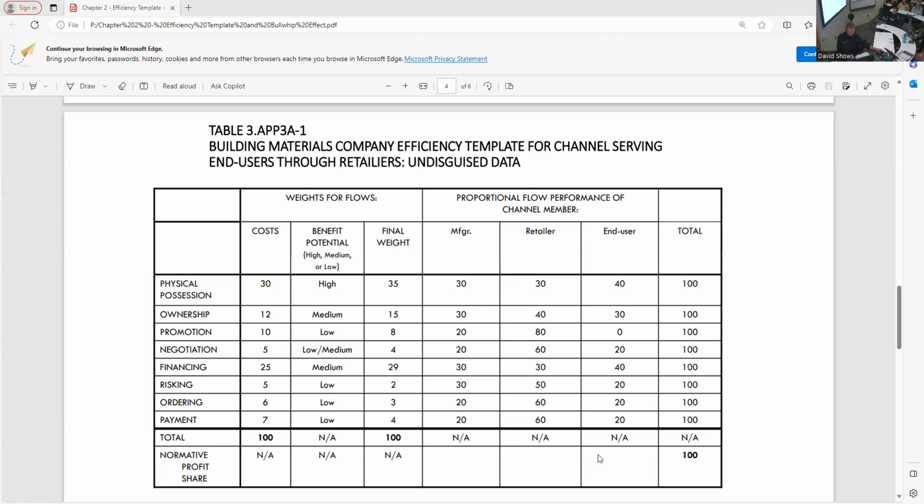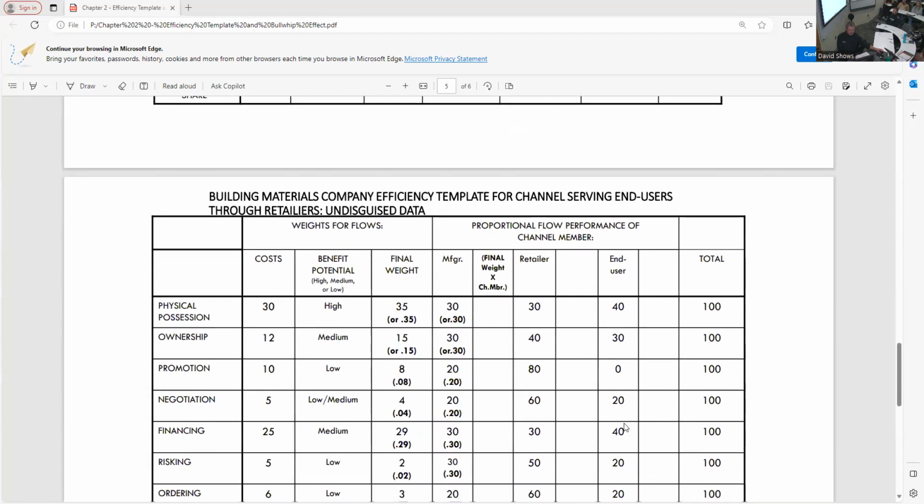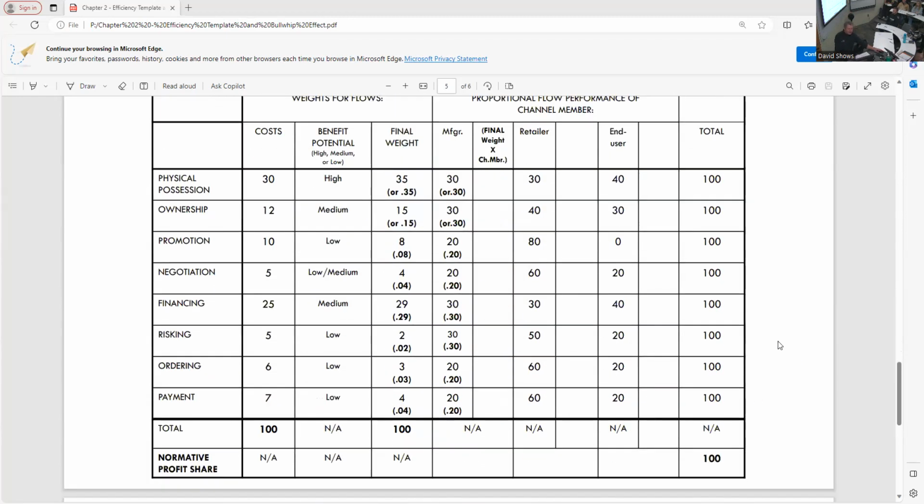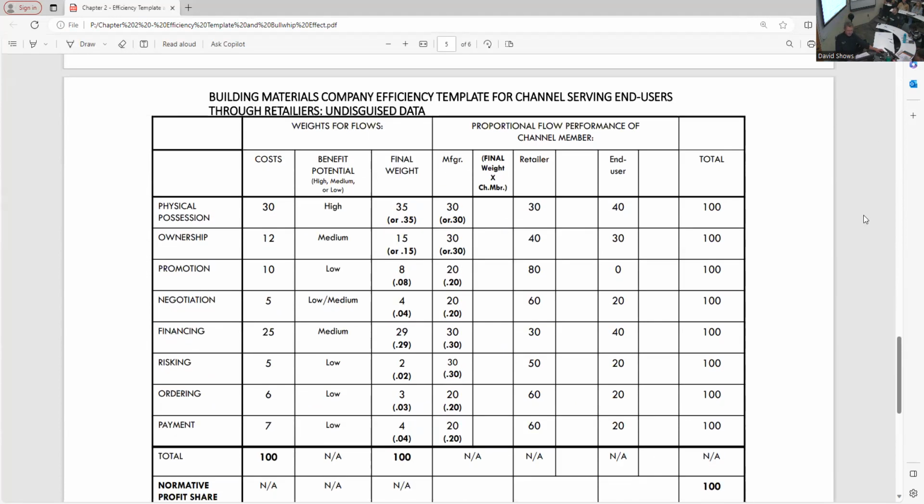All right. So how are you going to calculate it? This is what you're going to use. This is what you're going to do in your groups. All right. So you are going to calculate the normative profit share for each one of these groups.